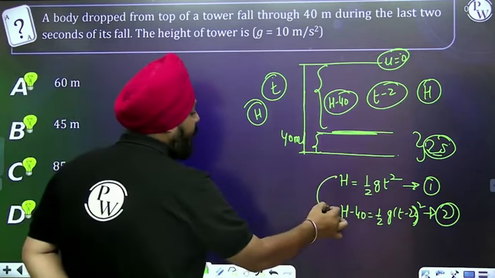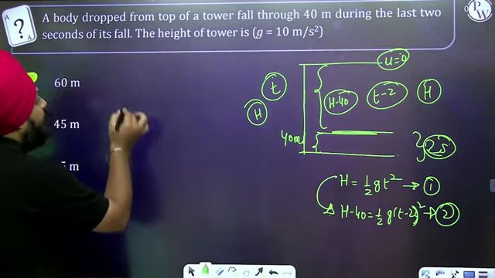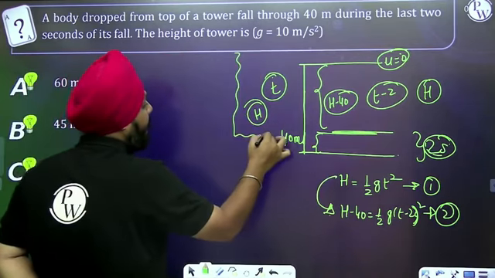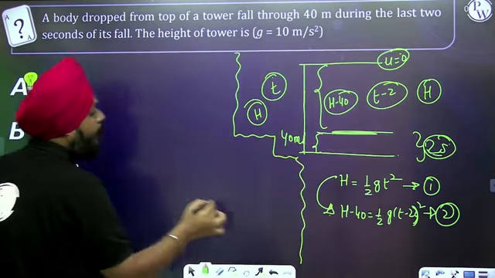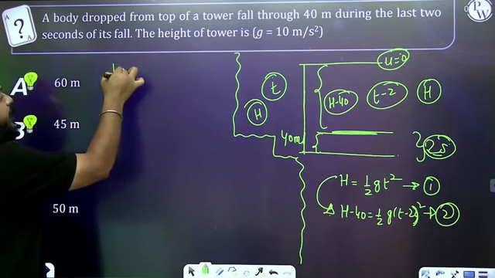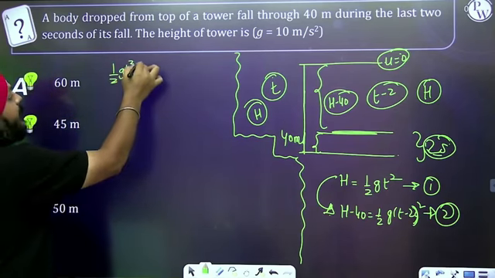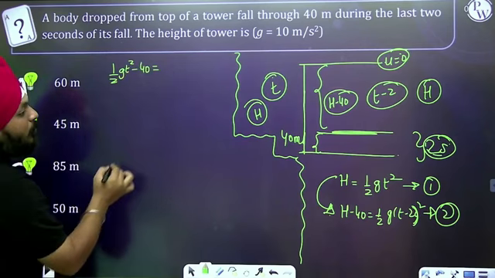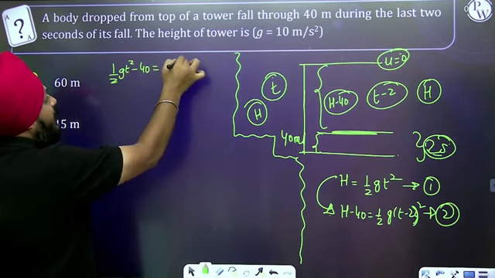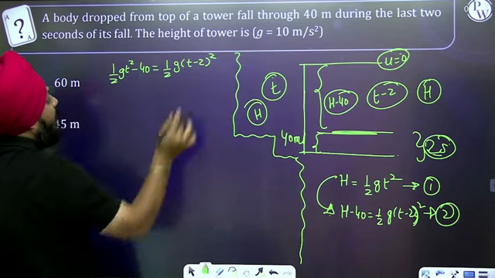Can I replace 1 in 2? So you are going to get half of g t square minus 40 is equal to half of g (t minus 2) whole square.